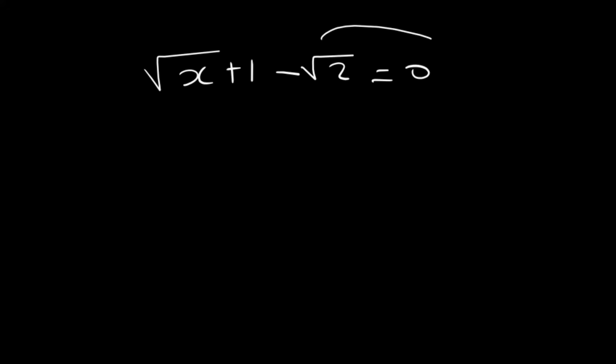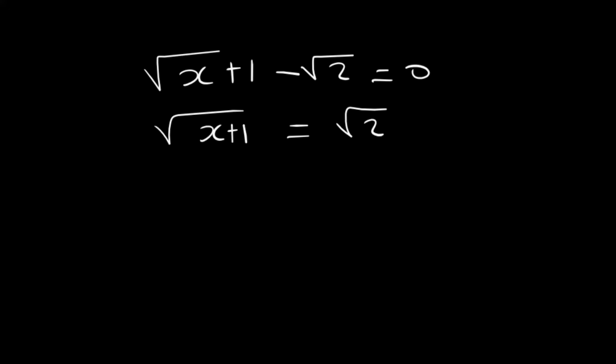Let's solve another equation. Let's say you have the square root of x plus 1 minus the square root of 2 is equal to 0. For this one, take this one to the other side. So I'm going to have the square root of x plus 1 is equal to, when this one goes to the other side, it becomes positive, the square root of 2.